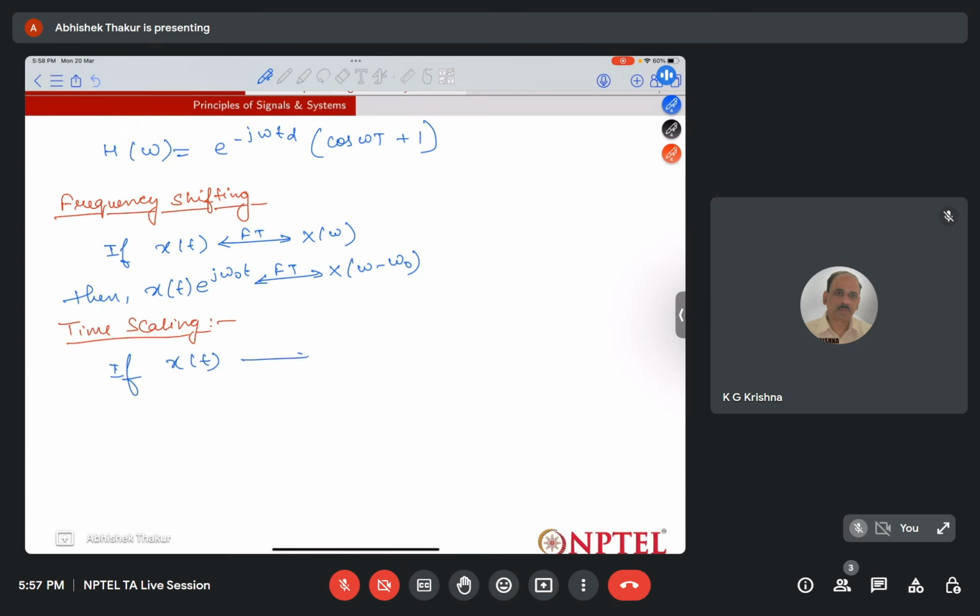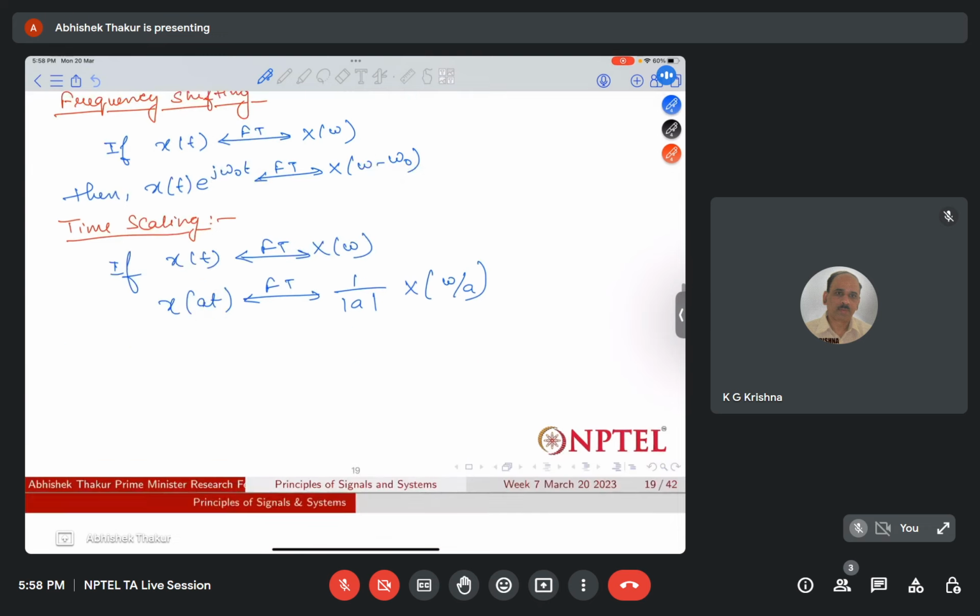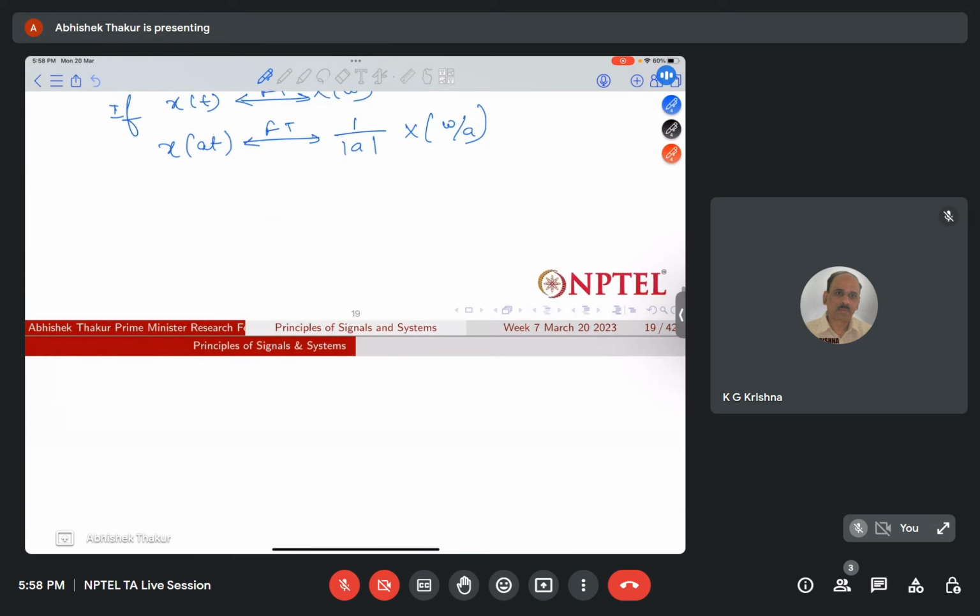If the Fourier transform of x(t) is X(omega), then the Fourier transform of x(at) will be 1 by mod of a, X of omega by a. So we'll not go into the proof. I think the proof is already done in the classroom. So we'll just see the properties and solve some questions.